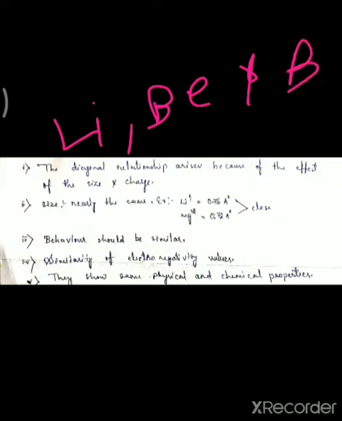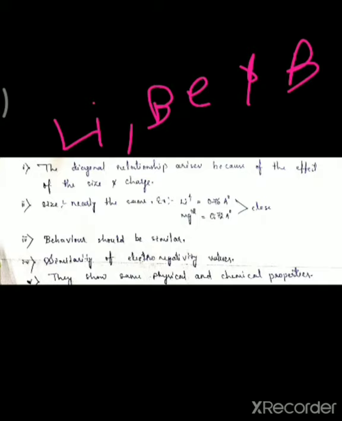Only the first three elements of the second period of the periodic table, lithium, beryllium and boron, show not only the properties of their own group but also of the elements present diagonally to them in the next column in period 3. So this property is known as the diagonal relationship.